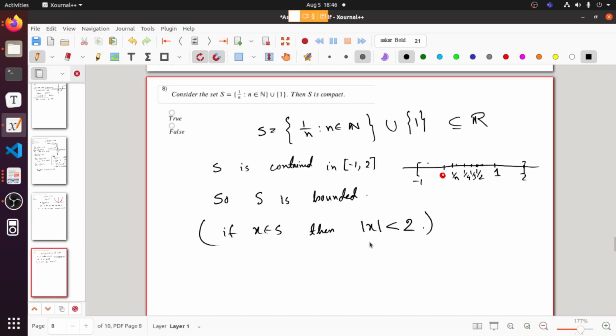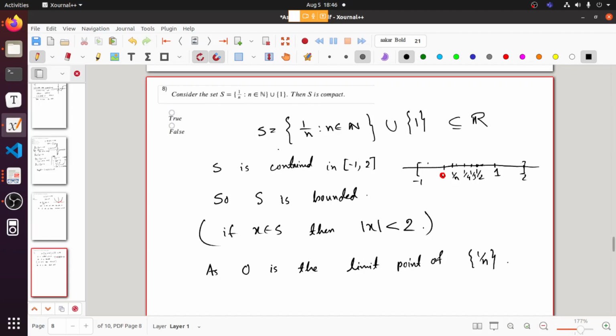Now you have to check whether this is closed or not. Closed means all limit points are in the set. You can note that 0 is a limit point, right? Limit point means you can go as close as you want, because if n is large, 1 by n will be very close to 0. So 0 is the limit point of 1 by n.